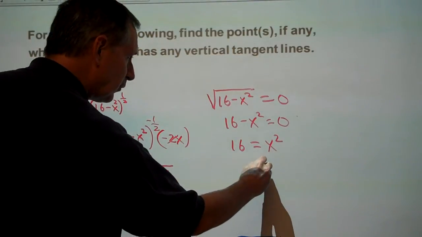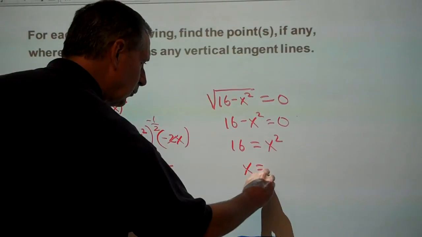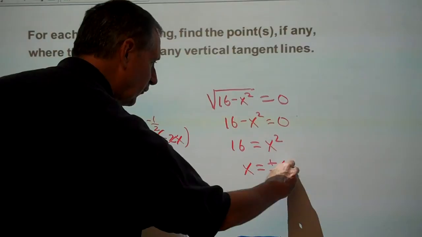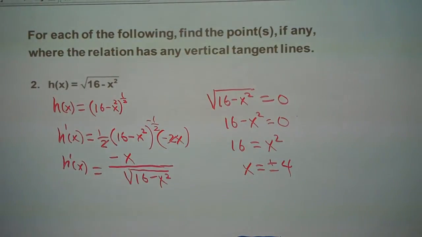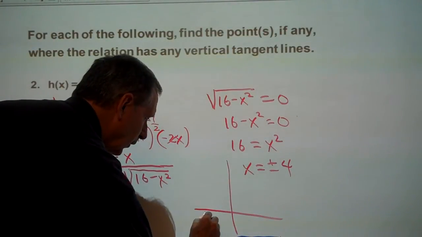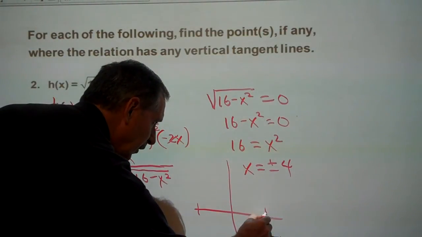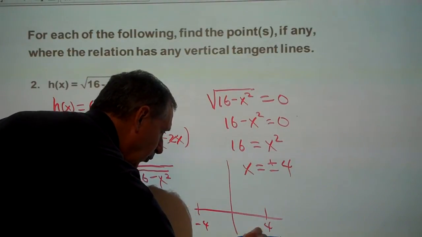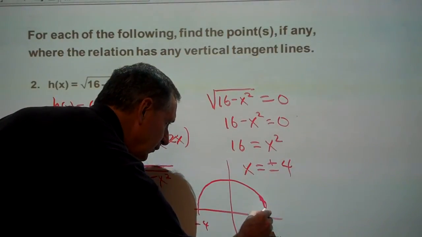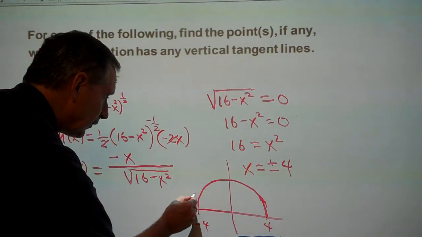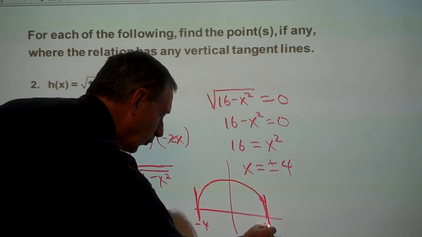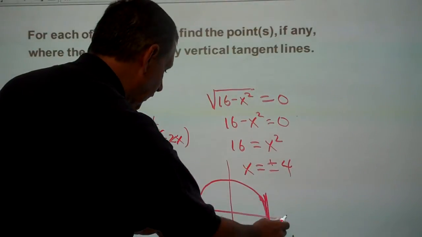So in this case we have x is equal to plus or minus the square root of 16, which is 4. And so what this really looks like is a half circle here from negative 4 to positive 4, and our vertical tangent lines will occur right where x equals negative 4. You see a vertical tangent line here, and at x equals 4. x equals negative 4 and x equals 4.